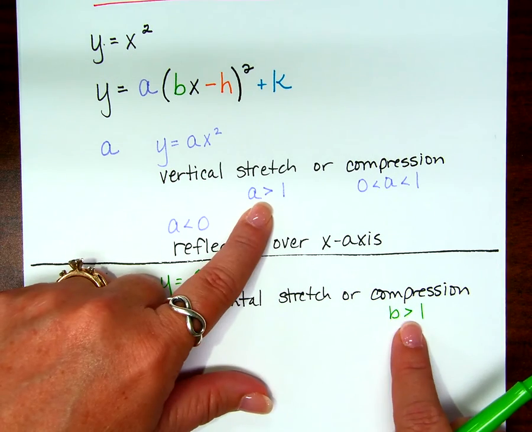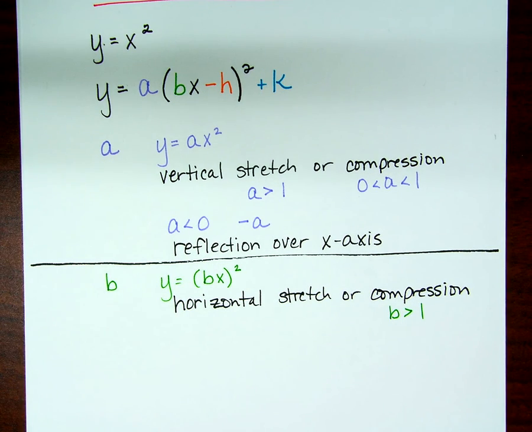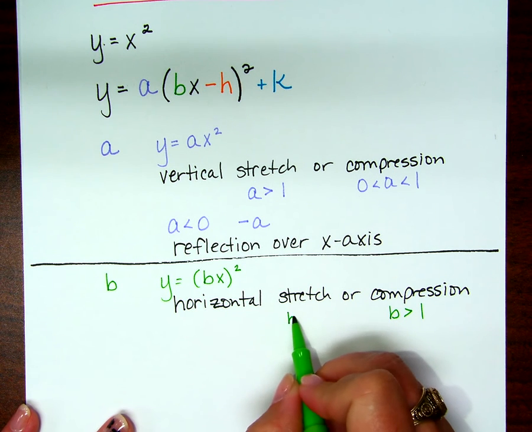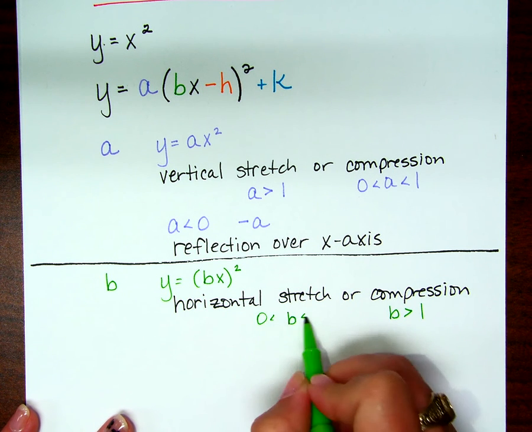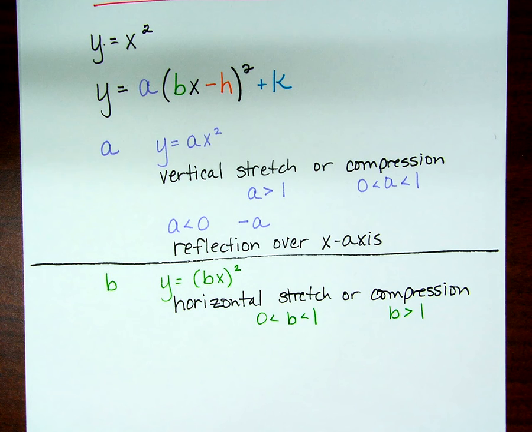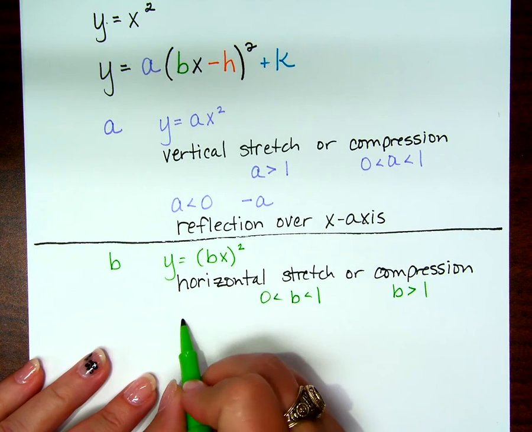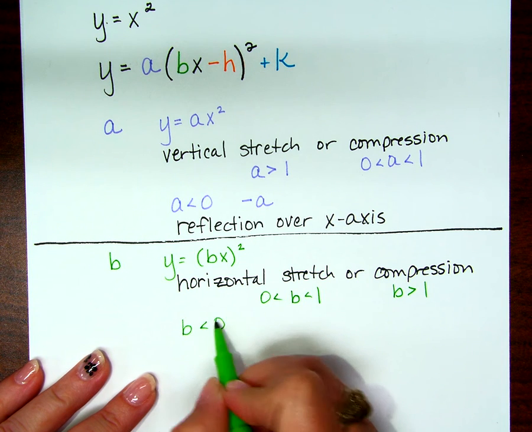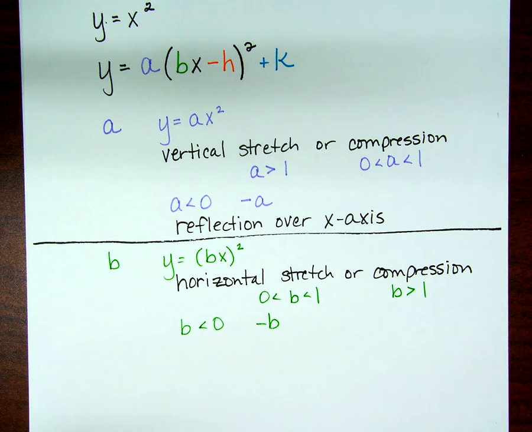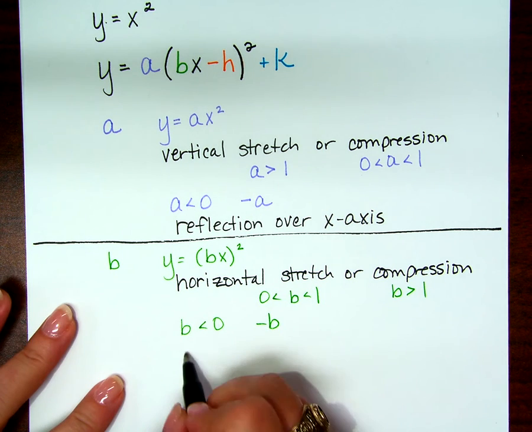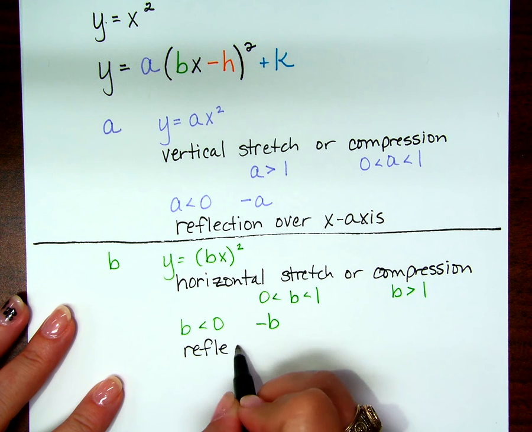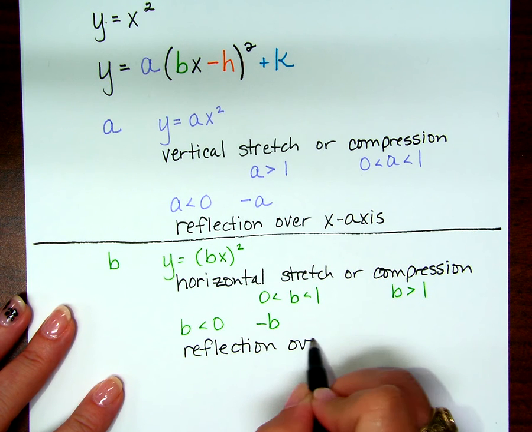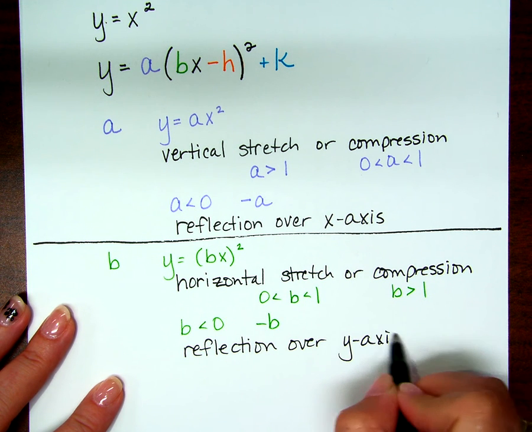That's when these values are greater than 1. So what would cause a horizontal stretch then? Yep, when B is between 0 and 1. You okay with that? What if B is less than 0? You guys are so smart. If it's a negative B, it reflects over the y-axis. Okay?